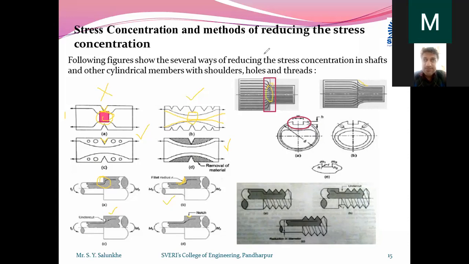This all comes from experience and study of the streamlines. In the case of keyholes, where the stress concentration will be more near the keyholes, you can provide two small holes and reduce the stress concentration at these areas.